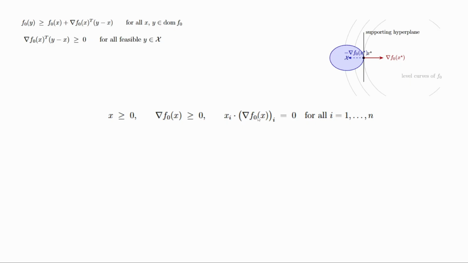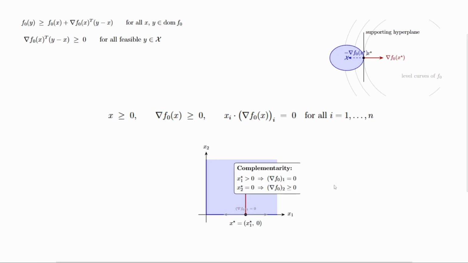So what this means geometrically is if a variable is strictly positive, you're in the interior of the orthant in that direction, and the gradient must be 0 there. Otherwise, you can move along that coordinate to improve. If the gradient is strictly positive in some direction, the optimal x must be 0 in that coordinate, so you're against the boundary now.